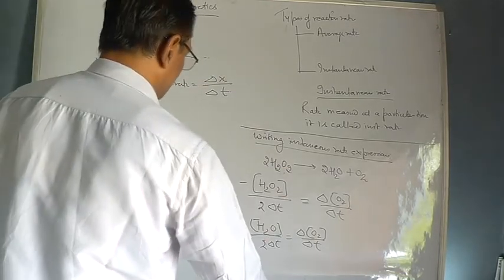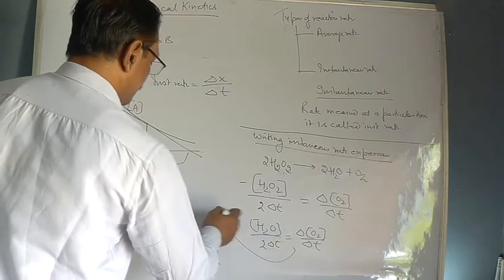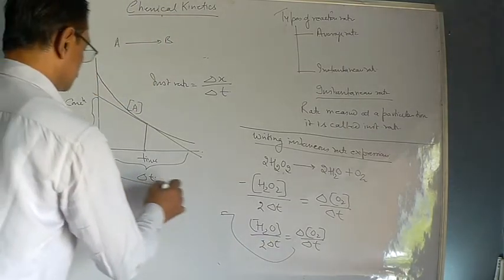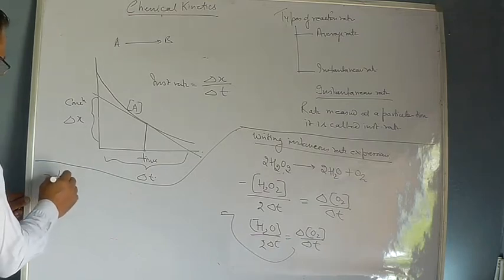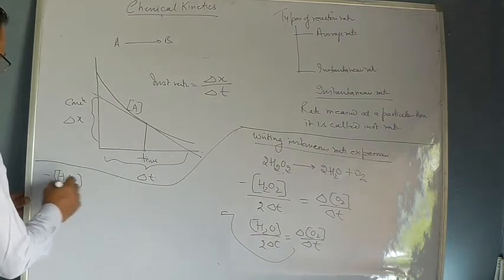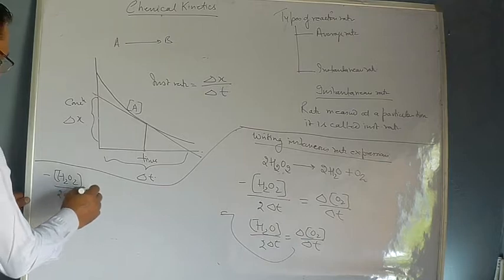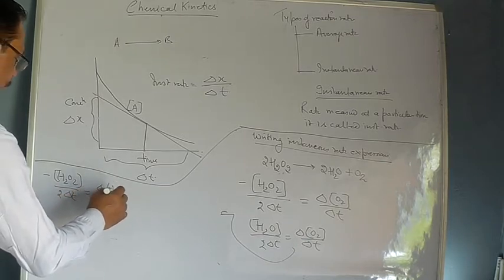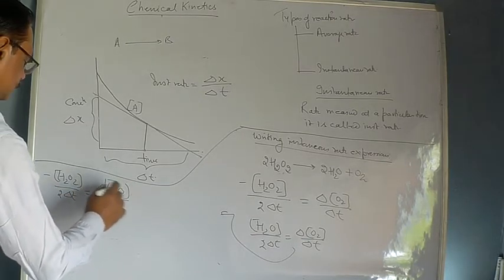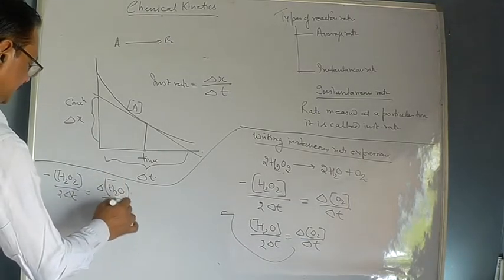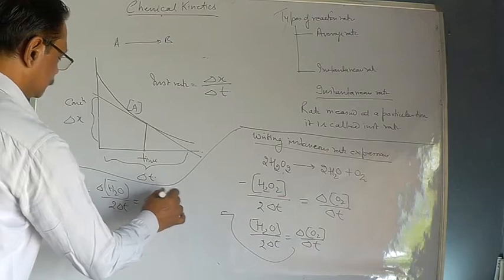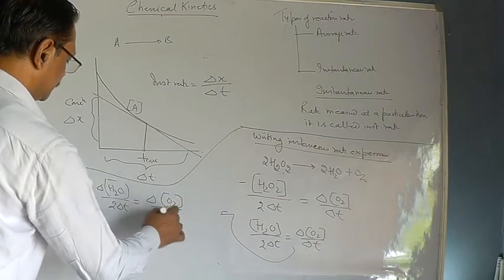So I can write the final expression here. Final expression comes: minus delta H2O2 upon 2 delta t equals delta H2O upon 2 delta t equals delta O2 upon delta t.